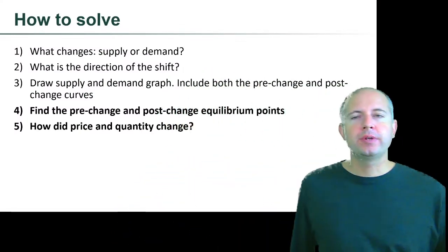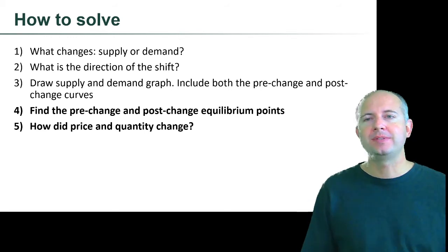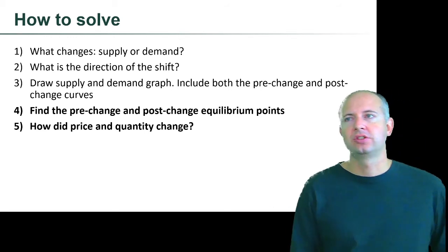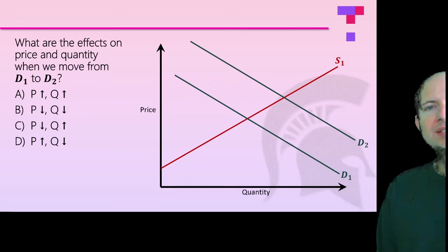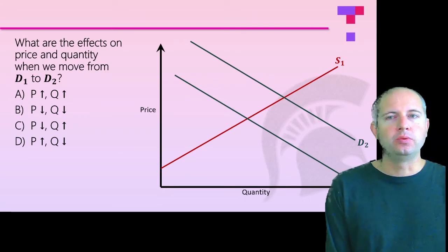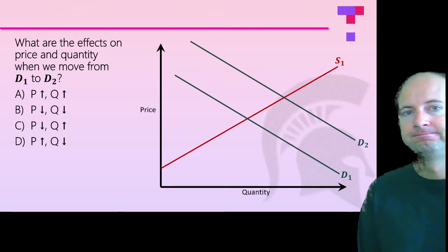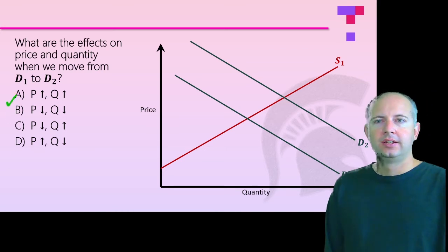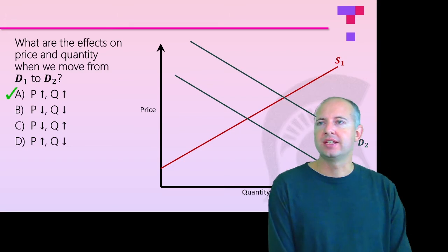Next, we find the pre-change and post-change equilibrium points and compare them to see how price and quantity changed. So, what are the effects on price and quantity when we move from D1 to D2? Again, look at equilibrium before, look at equilibrium after the change. The answer here is A, both price and quantity increase.